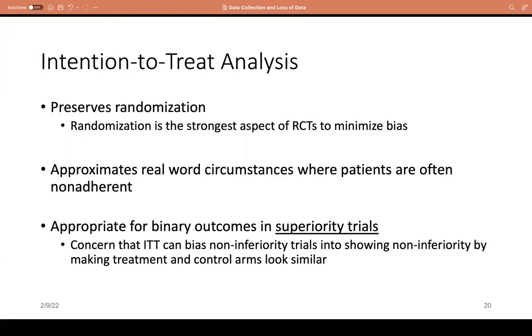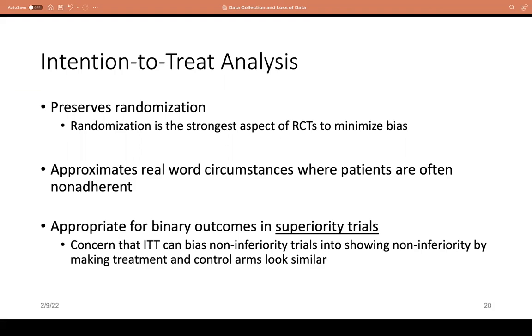One note is that we don't really talk much about non-inferiority trials in this class, but you really want to use intention to treat for binary outcomes in what we call superiority trials, where your alternative hypothesis is that the intervention is going to be superior to the control arm, which is either a placebo or current standard of care.